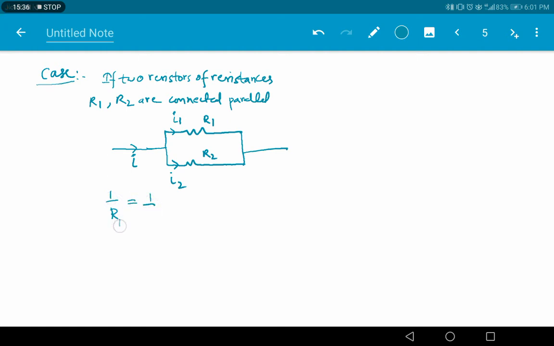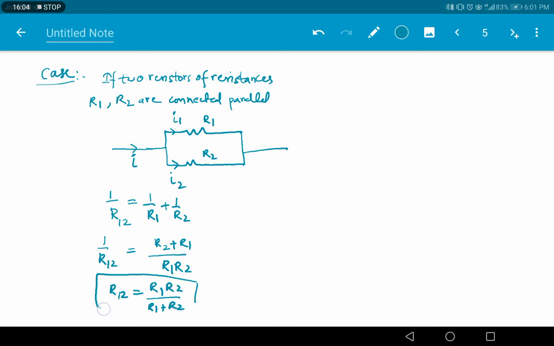R12 means the effective resistance of 1 and 2. So 1 by R1 plus 1 by R2. In a simple manner we can write R2 plus R1 by R1 R2. So 1 by R12, therefore R12 is equal to R1 R2 by R1 plus R2.